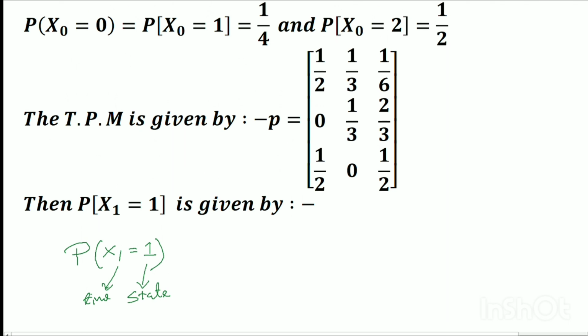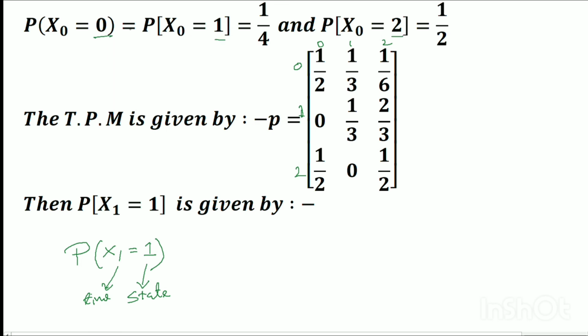So you see that P(X0 equals 0) is 1 by 4, P(X0 equals 1) is 1 by 4, and P(X0 equals 2) is half. So 0, 1, 2 are my states.